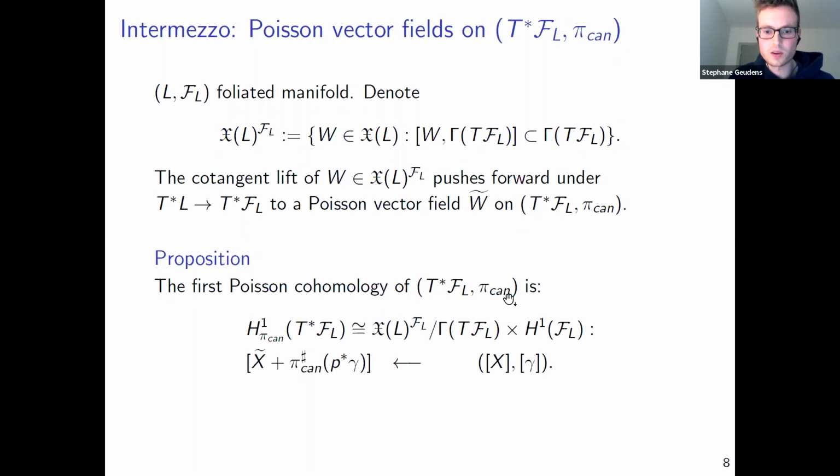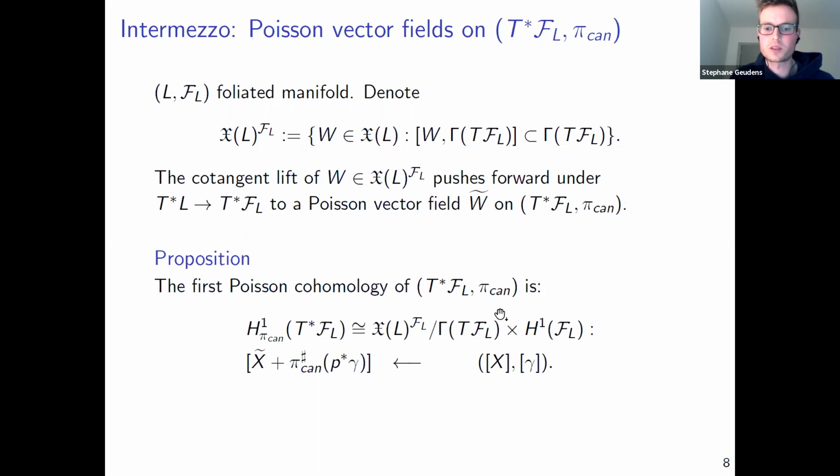So if we take D star FL with its canonical Poisson structure, then the first Poisson cohomology has 2 components. It's the first foliated cohomology of FL, and then the quotient of projectable vector fields by sections of the foliation.